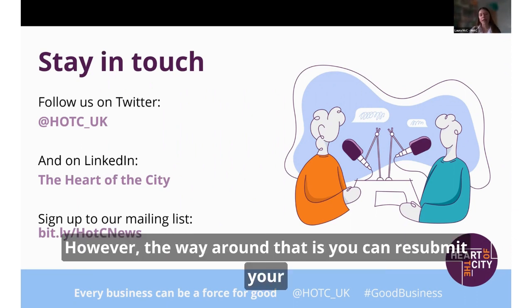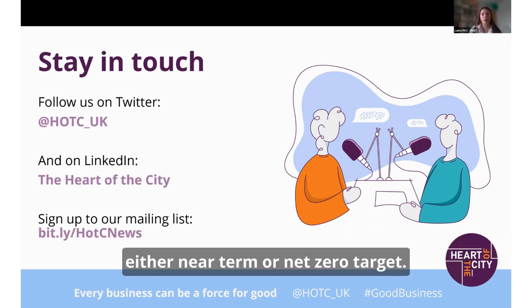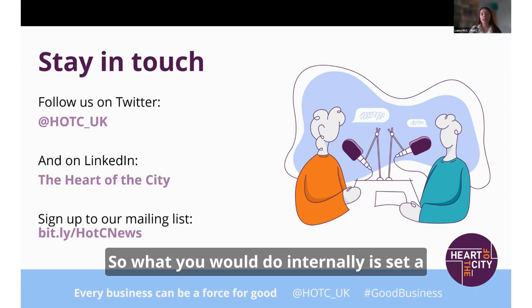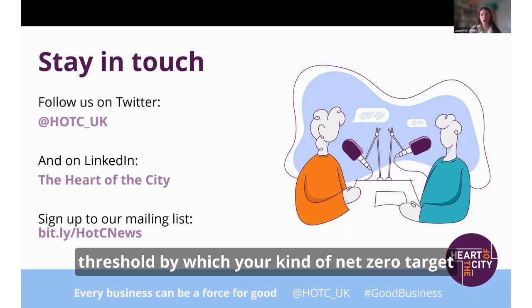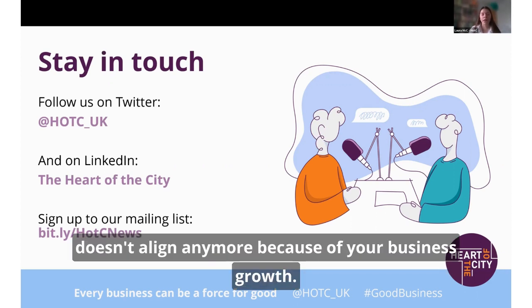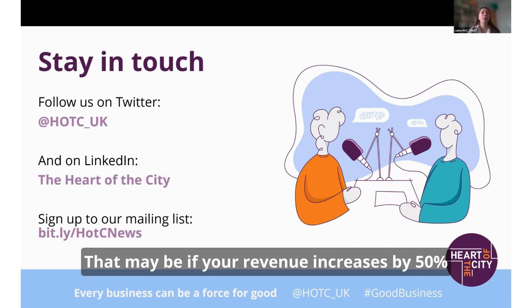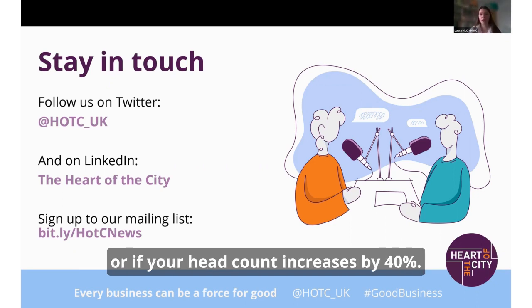However, the way around that is you can resubmit your near-term or net zero targets. So what you would do internally is set a threshold by which your net zero target no longer aligns because of your business growth. That may be if your revenue increases by 50% or your headcount increases by 40%.